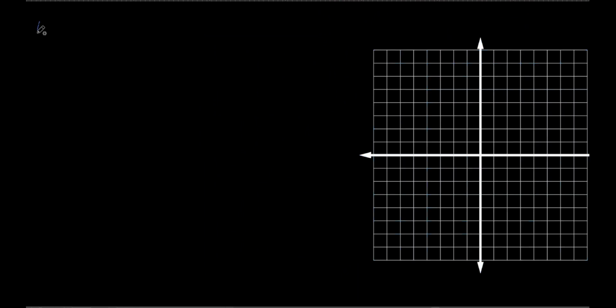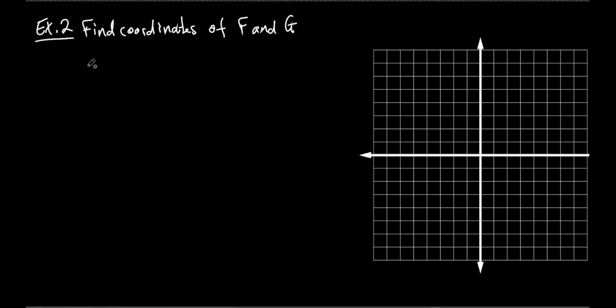This is example 2 in the book. Example 2. It says, I'll just write the whole thing out, okay? Find the coordinates. So we're finding a point, okay, actually we're finding 2 points, of point F and point G if the diagonals of parallelogram, right?